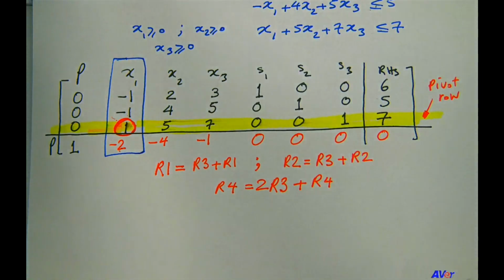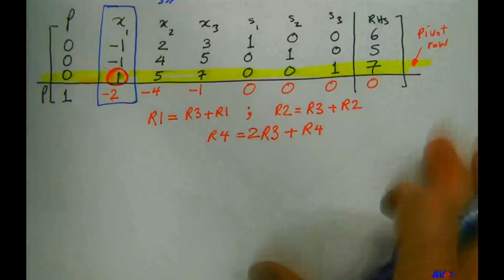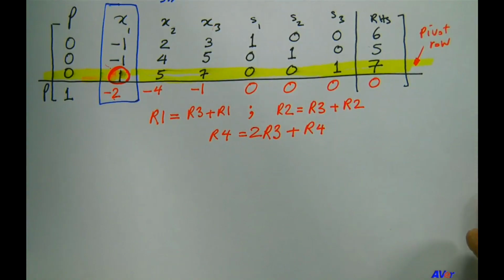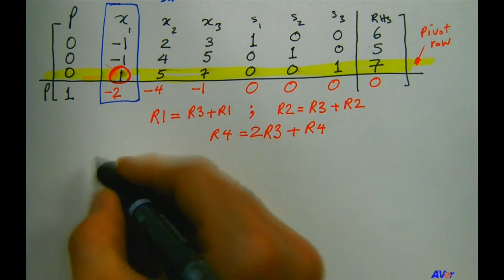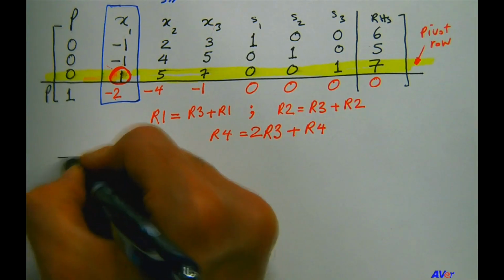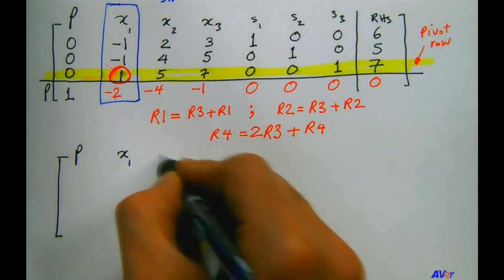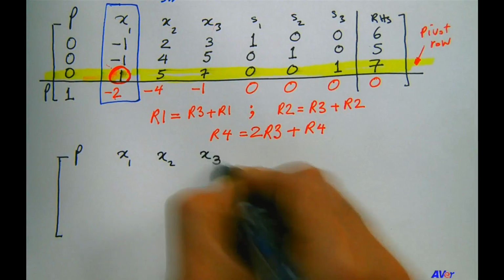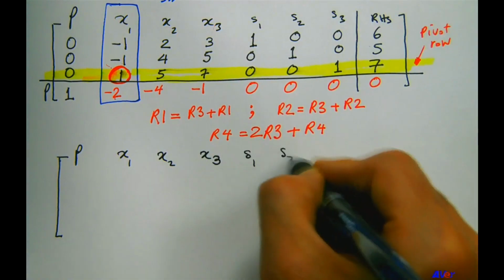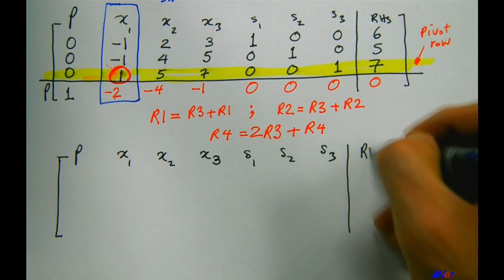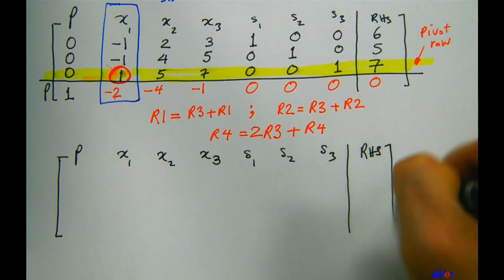Okay. All right, so let me move this up a little bit. Okay, so let's write down the next tableau. So we have the P, and then x1, x2, x3, s1, s2, s3, and the right-hand side column.